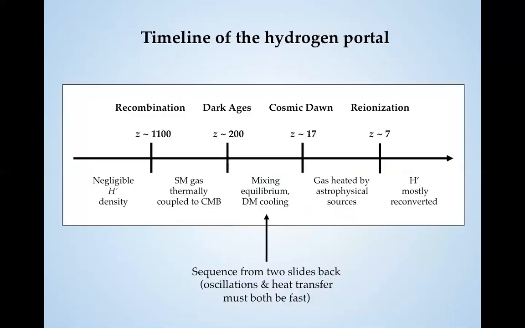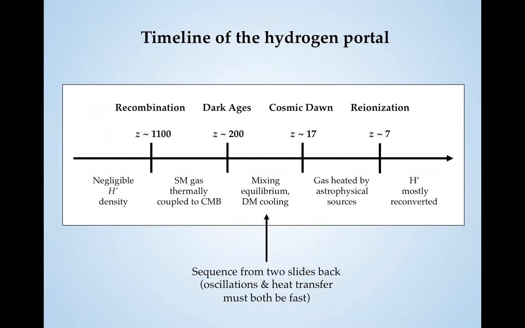And that means that the sequence from 2 slides back cools hydrogen somewhere in this redshift range, z of about 200, and then z of about 17 is just the center of the trough. Peering back earlier, we just find the standard cosmology. We're assuming there's negligible H prime or mirror sector density. In the pre-recombination universe, hydrogen is all ionized and can't get through the mixing portal.